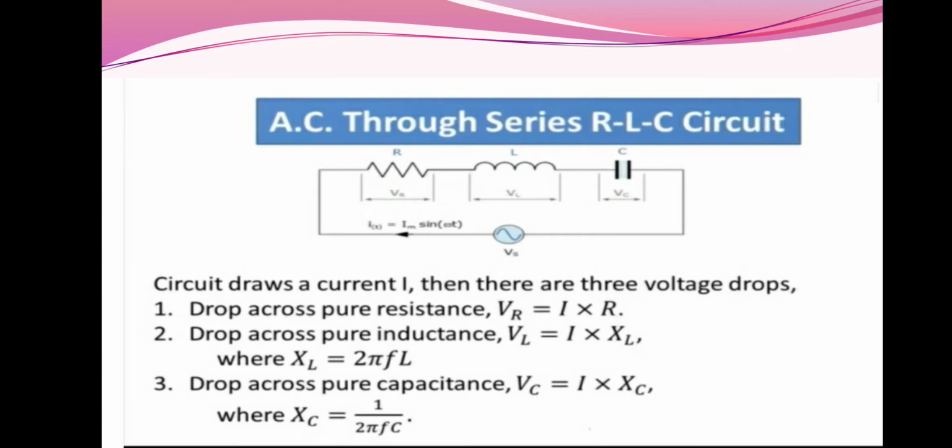First we will take R, then we will take L, then we will take C, all connected in series, and we give AC supply to this combination, that is V equal to Vm sin omega t. So here the circuit draws current I.